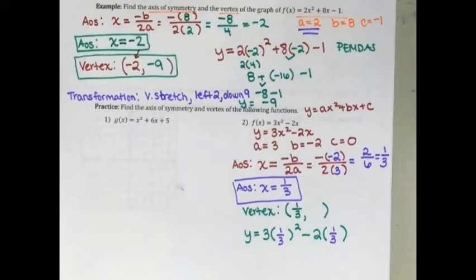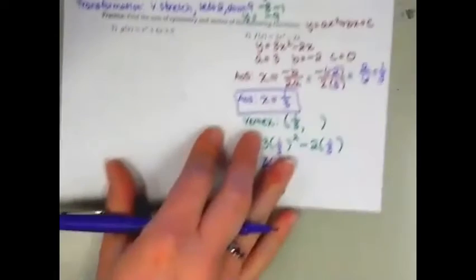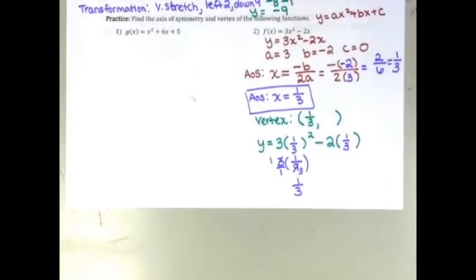Okay, so let me ask you, what's 1/3 squared? What's 1/3 times 1/3? What's 1 times 1? 1, and what's 3 times 3? 9. So 3 times 1/9 is, okay, let me put 3/1. Can I cross simplify? Yeah, that would be a 1, and this would be a 3. So don't I get 1/3 back? Okay, 1/3, right?